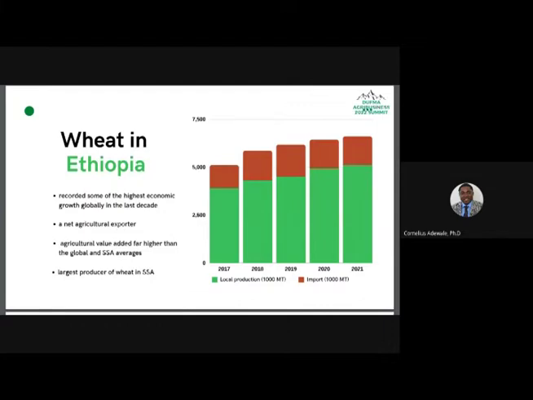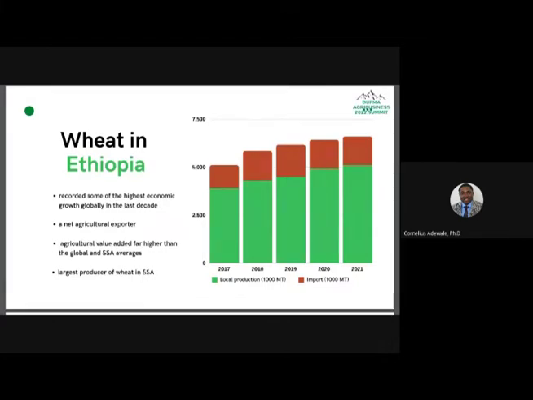Right now, they are the largest producer of wheat in Sub-Saharan Africa. Compared to Nigeria, we import wheat a lot. A lot of our environment is not even suited for wheat production. But I'm giving an example of Ethiopia to make a point. Just follow with me.